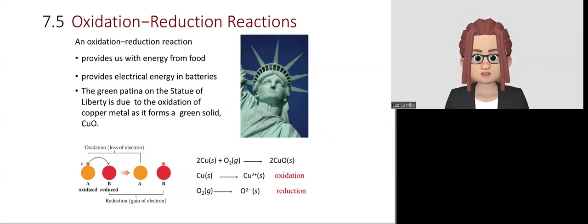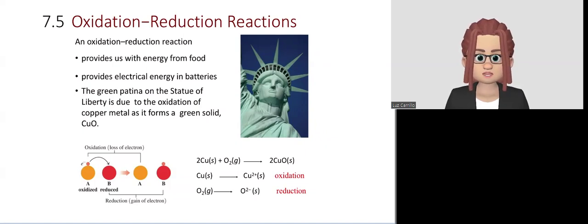The reason why we talk about oxidation and reduction is because as we progress in the semester, we are going to see how oxidation reduction reactions is what provides the energy that we derive from food. And biochemically, we're going to observe that later in the semester. Oxidation reduction reactions also provide the electrical energy that is stored in batteries.